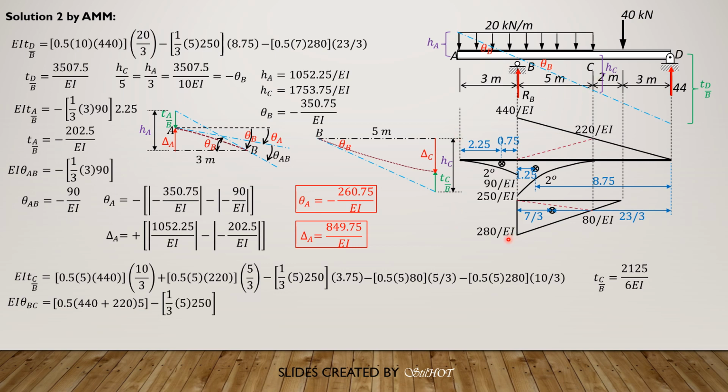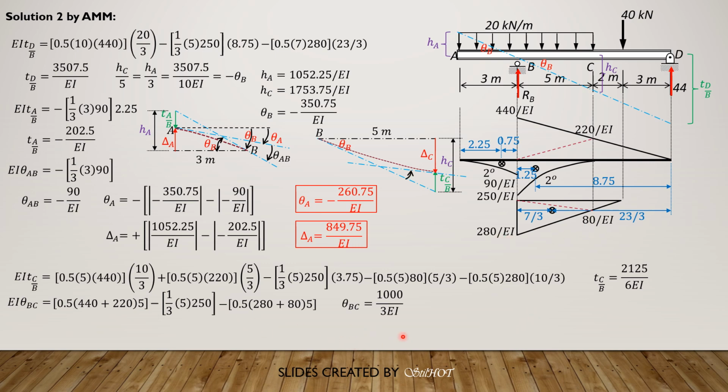So that's why EI theta BC, the area, is 1/2. Let's consider this as a trapezoid. So 0.5 of quantity 440 plus 220 times 5. Then minus spandrel, 1/3 of 5 times 250. Then minus trapezoid again, 0.5 of quantity 280 plus 80 times 5.